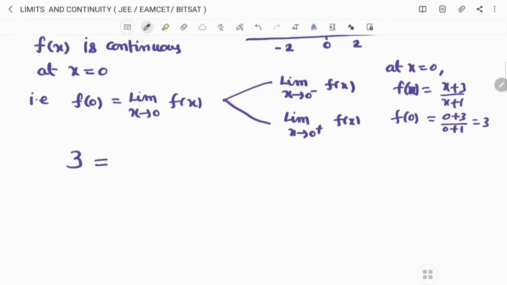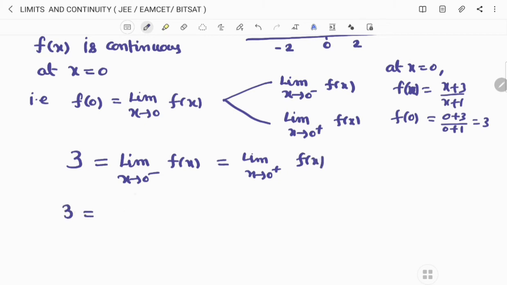For the limit of f(x) to exist, we need both left and right limits to be equal: the limit as x tends to 0 minus of f(x) equals the limit as x tends to 0 plus of f(x).